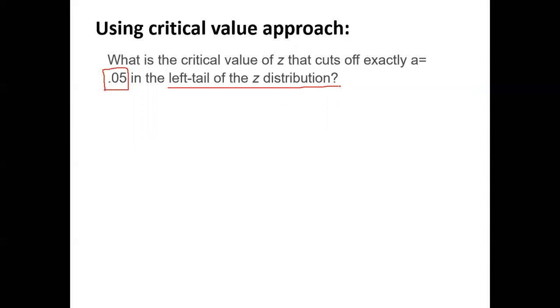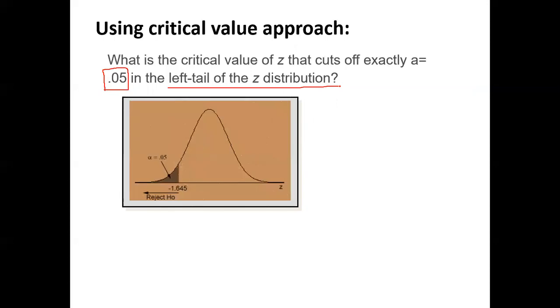So when you draw the graph, the alpha 0.05 that has been given is here. And why is it in the left tail, not in the right tail? Because the question said exactly in the left tail of the Z distribution.